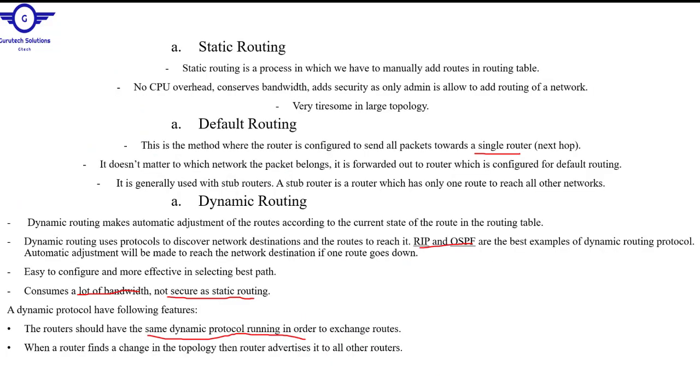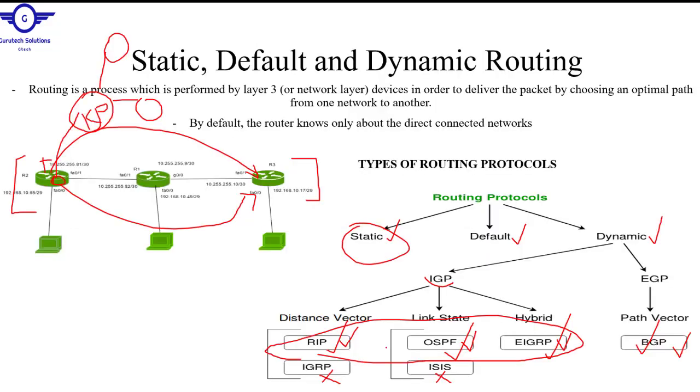Finally, when a router finds a change in the topology, the router advertises it to all its network. For example, we have connected another network here with router 6, with router 7. Router 7 will advertise to router 3 that I have this network.